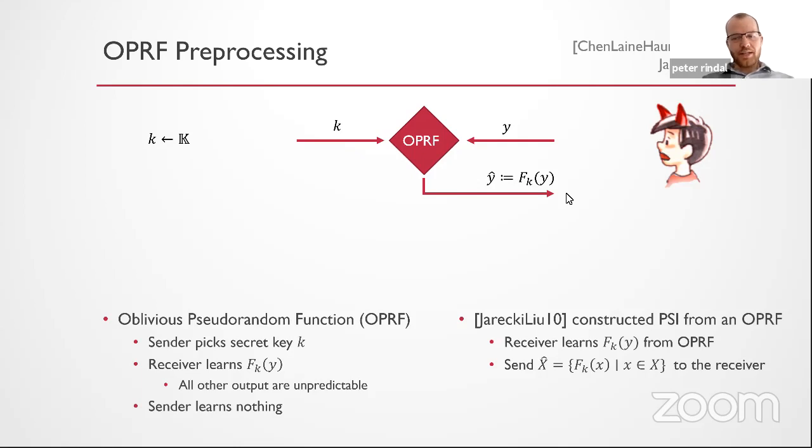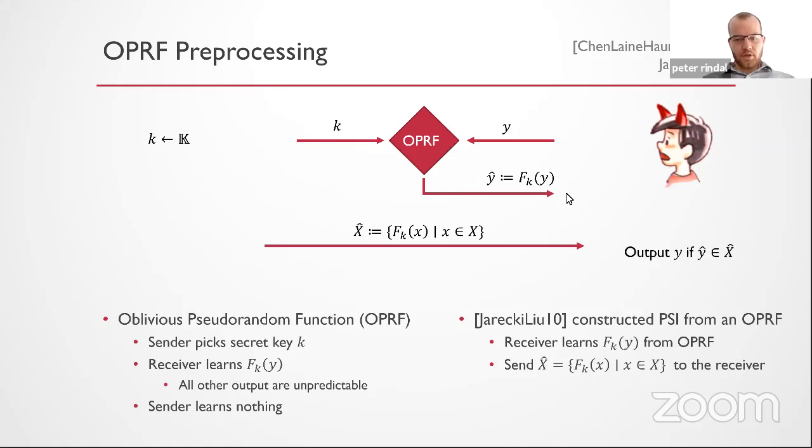And then a classic construction for private set intersection, as I described earlier, is that you encode the large set X under the PRF key and send that over in the clear. And since the PRF effectively randomizes all other values that aren't in the set Y, this leaks no information other than the intersection itself.